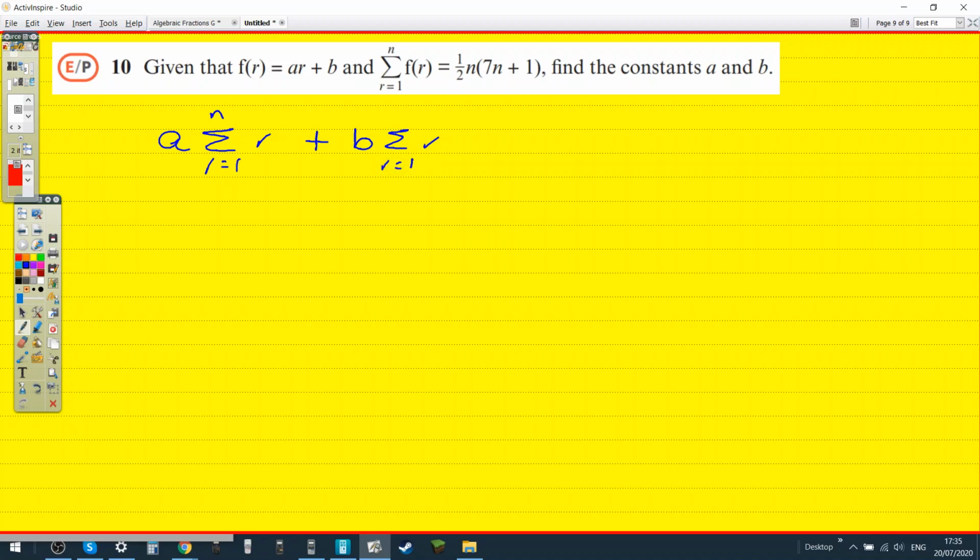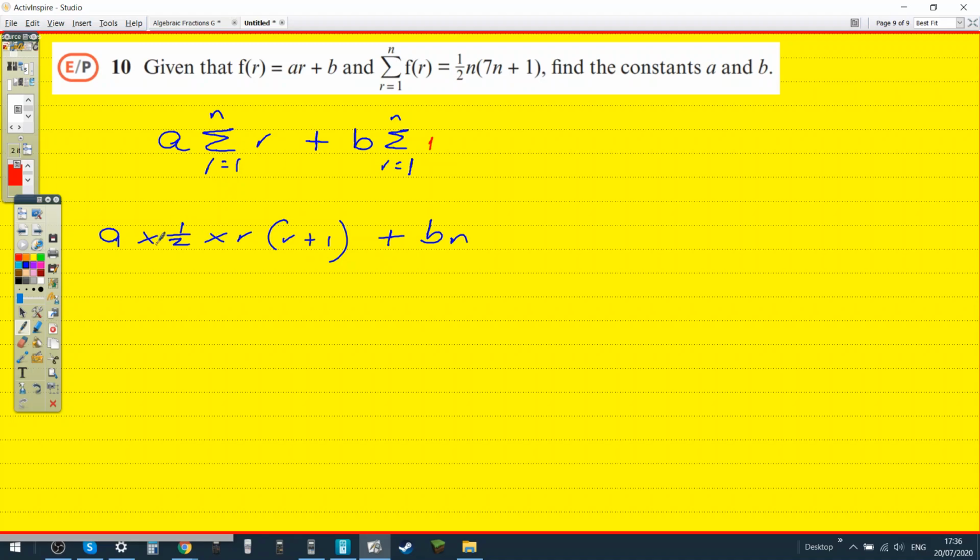The B one should just be 1 instead of r. But you just do A times half times n, n plus 1. And then the B one would just be Bn. And then I suppose we should solve the A bit.